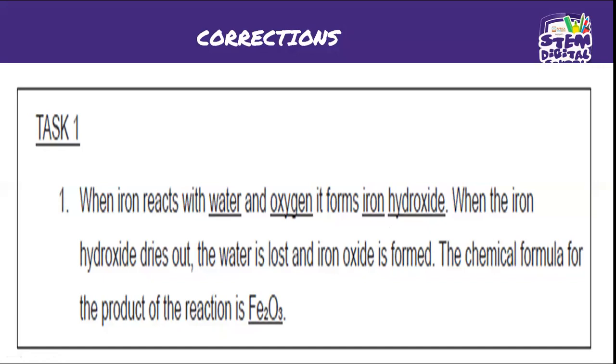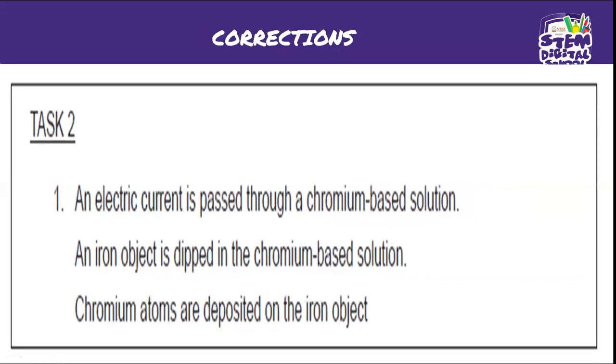And then if you got all the answers for task one, let me know. Then when we go to task two, they gave us the sentences and we needed to rearrange them to make sense. So the first one is an electric current is passed through a chromium-based solution. And then an iron object is dipped into the chromium-based solution.